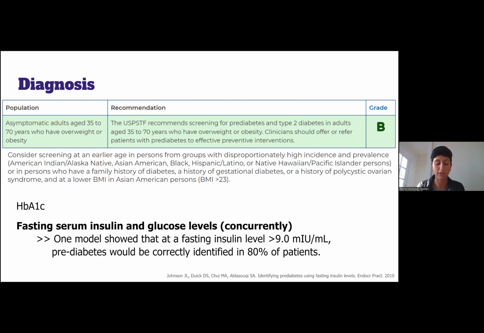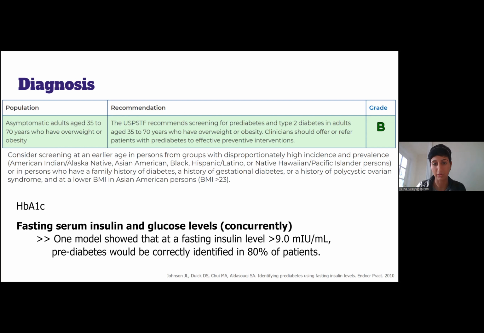And to point out a few other things so that we're really not falling into the trap of screening some people and not screening other people. There are some populations that have disproportionately higher incidences of this disease, and they're listed in the middle. I think getting a really good family history to see who has folks with diabetes in first-degree relatives and screen those people sooner.